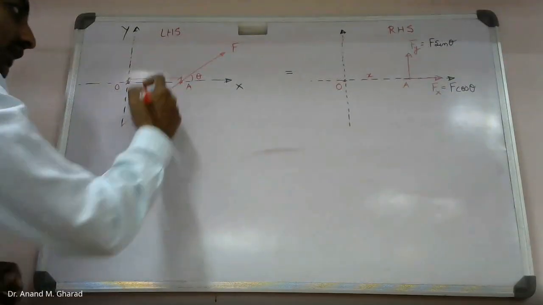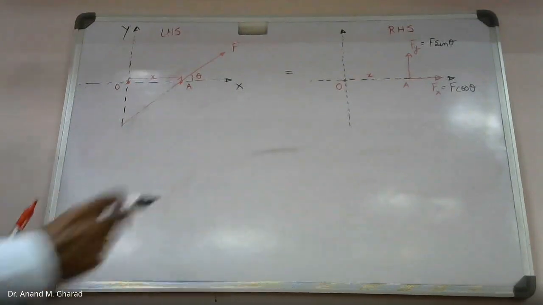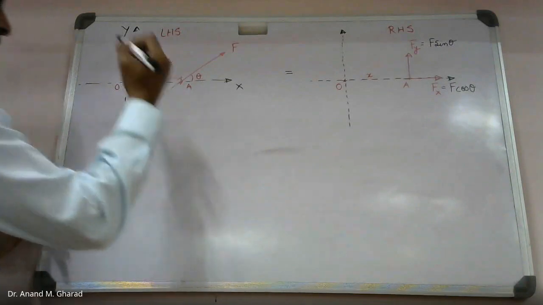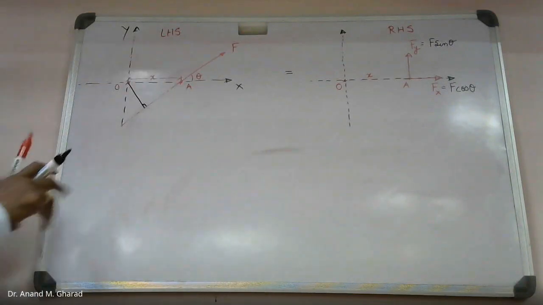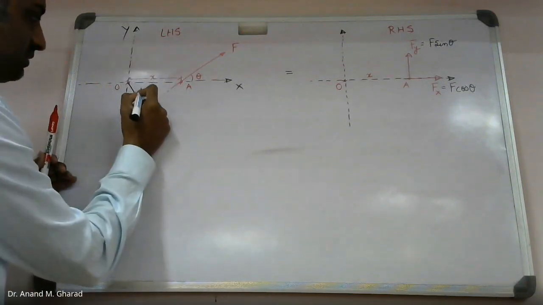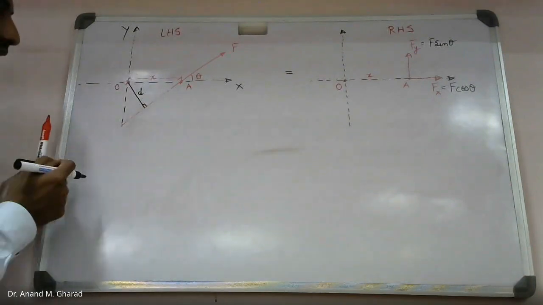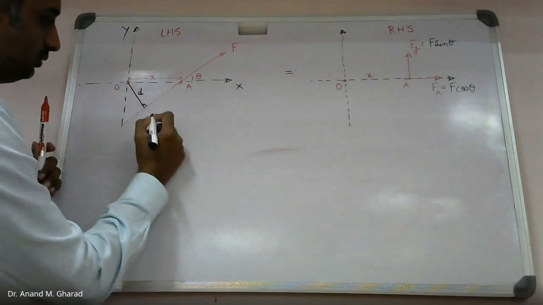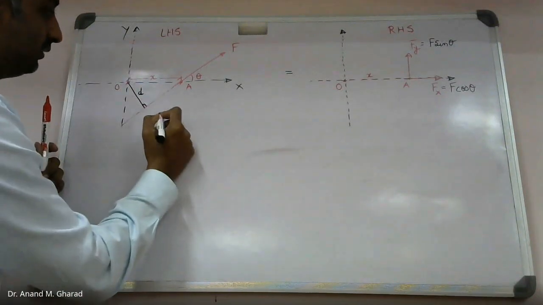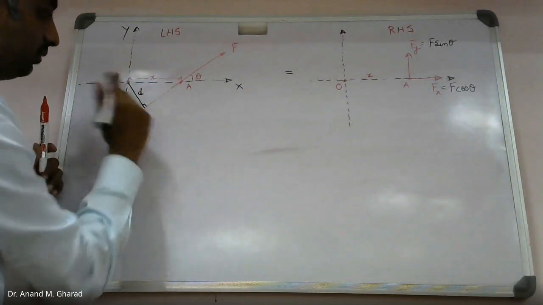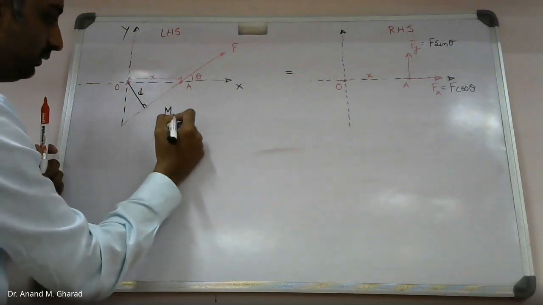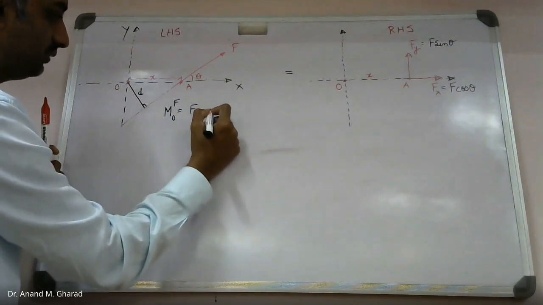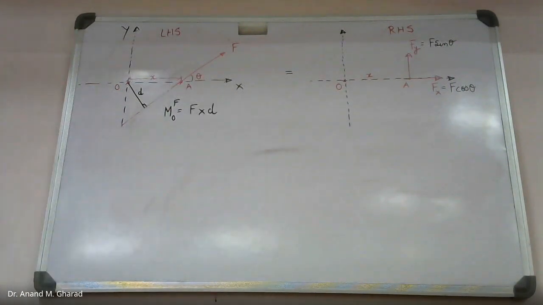And after drawing the line of action of force, I will drop the perpendicular from this point like this. Let me consider this small distance or perpendicular distance to be d, which we call the moment arm. So to find out the moment about point O due to F, I am simply making use of this equation, F into d.